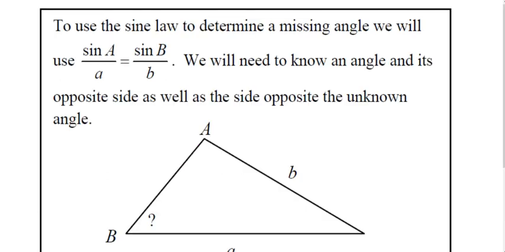To use the sine law to determine a missing angle, same deal, right? Now you feel free to substitute your own letters there. If it's triangle PQR, you might be going sine of angle P over little p is equal to sine of angle Q over little q. We need to know an angle and its opposite side. So again, the known pair.